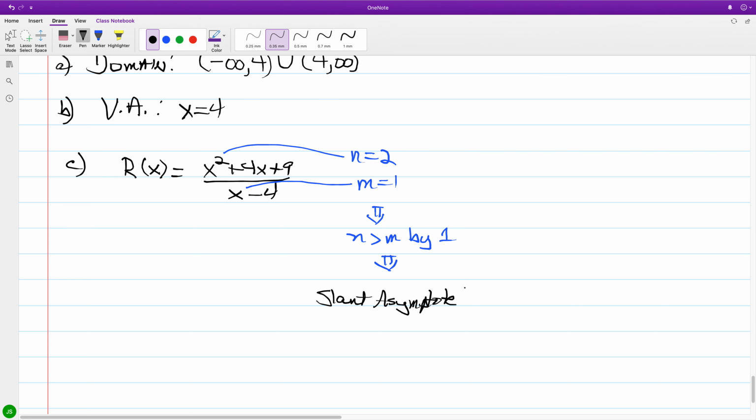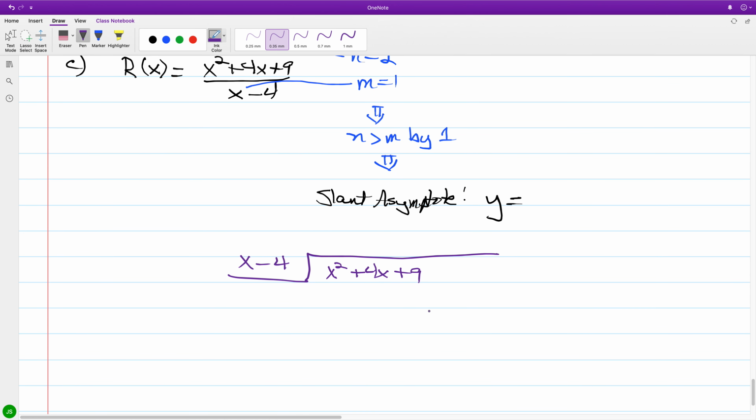The slant asymptote is y equal to the quotient as we divide x minus 4 into x squared plus 4x plus 9. So we have x minus 4 into x squared plus 4x plus 9. x into x squared is x, and distributing, we have x squared minus 4x.